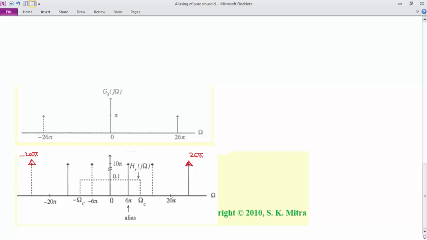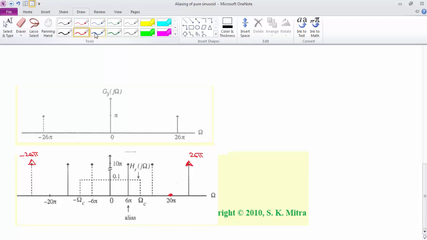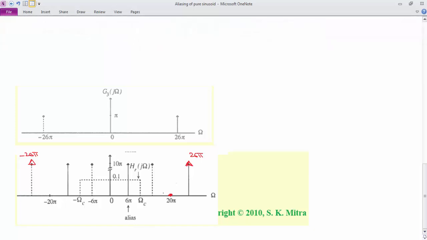Now there will be a second copy around 20 pi, and the left endmost point of that will be 20 pi minus 26 pi. So this is 20 pi minus 26 pi equals minus 6 pi.